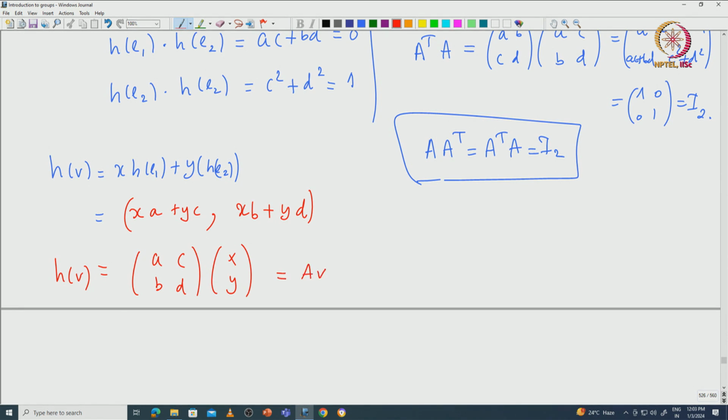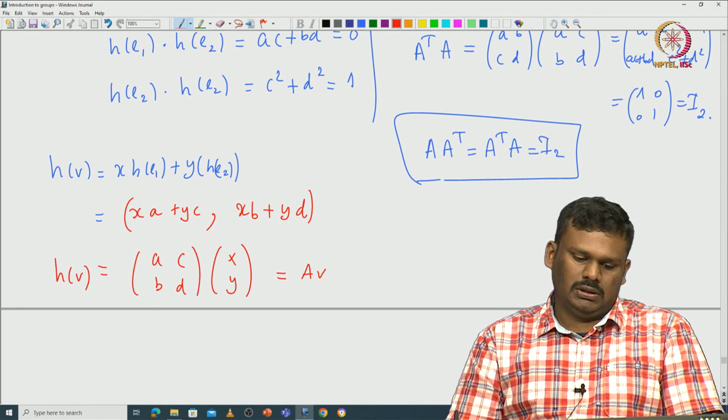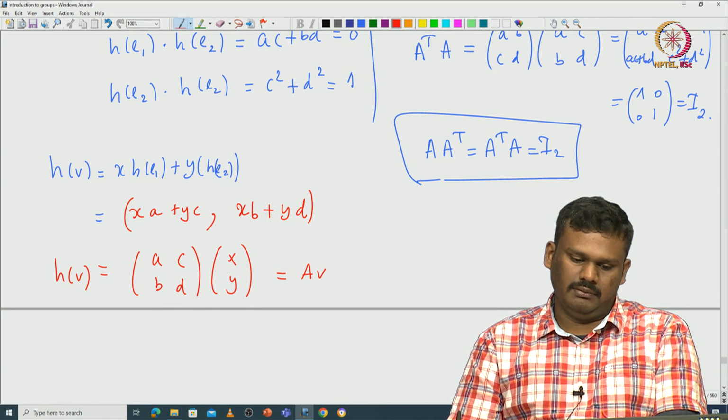So, that means it is given by A x plus C y and then B x plus D y.